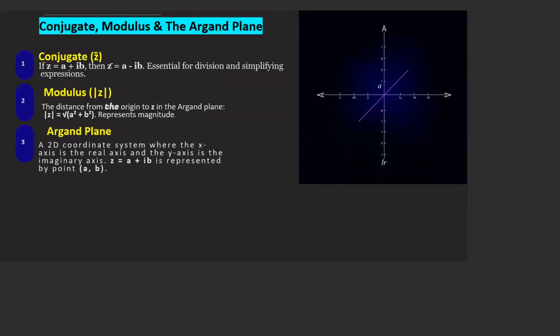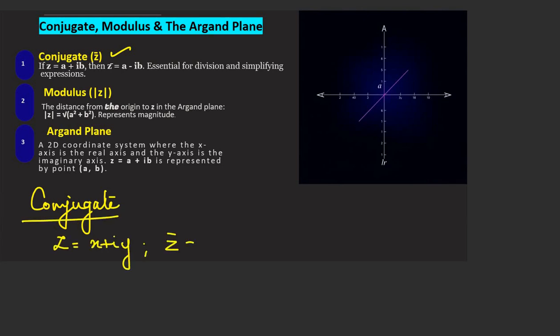Conjugate, modulus and the Argand plane. Conjugate, z bar. If z is equal to x plus iy, then its conjugate z bar can be written as x minus iy. So we change the sign of the imaginary part: if plus is given, we give it as minus, and that is the conjugate of the given z.